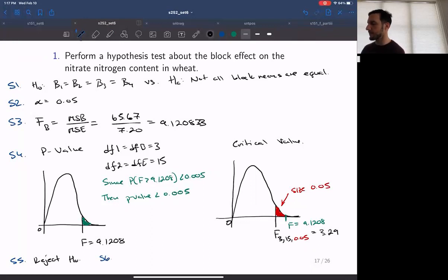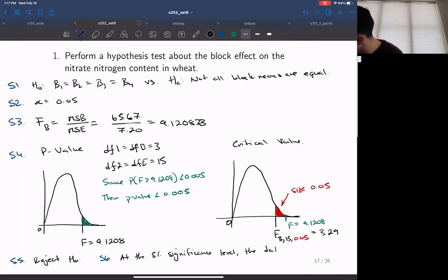Okay, and then on step 6, we'll just have sort of the standard conclusion here. So we can say at the 5% significance level, the data provide sufficient evidence to suggest there is a block effect.